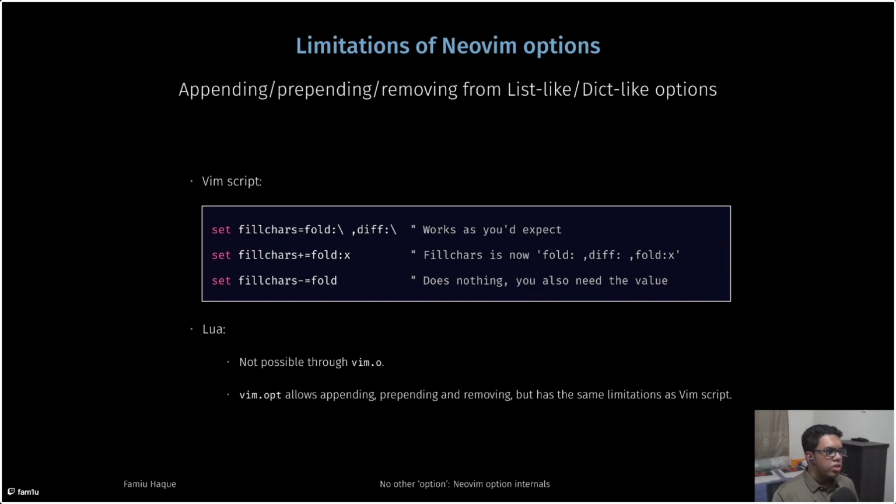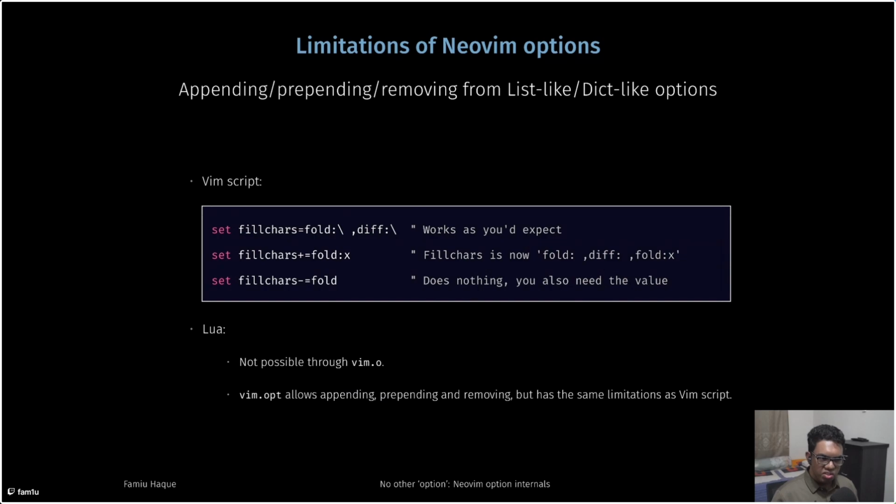Anyway, so in Vim script, when you want to append, prepend, or remove from a list-like or dict-like option, you do it like this. Let's say you have a value of fillchars set here, and then you want to add a value like this. The first line works as you would expect. It sets the value for fillchars. The second line does not.